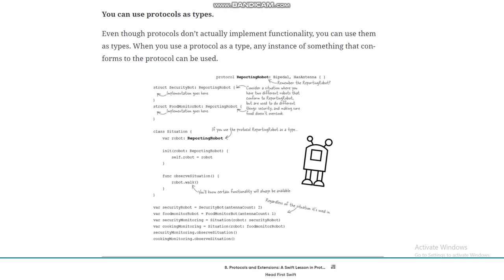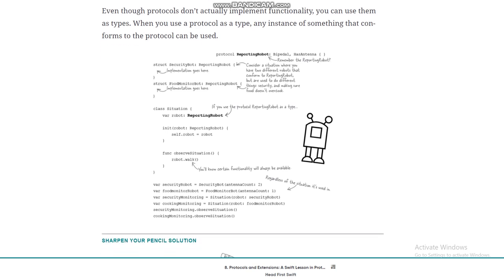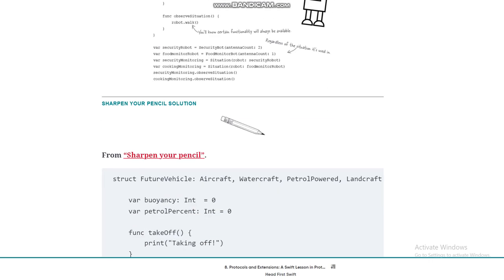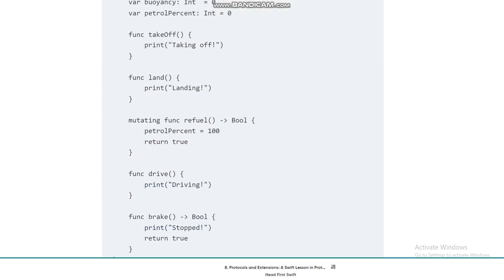This is a good example, because we can declare our type based on that, and we can also implement later and create it. Let's continue.